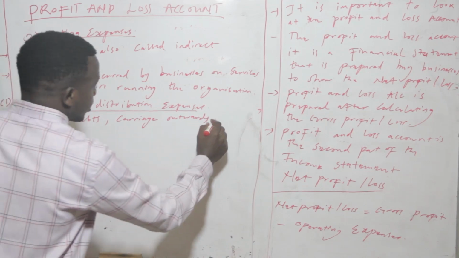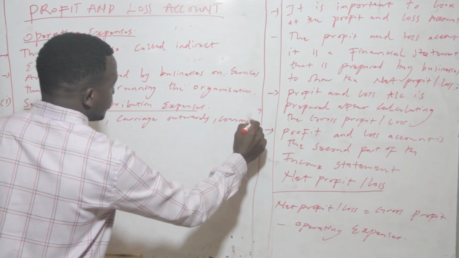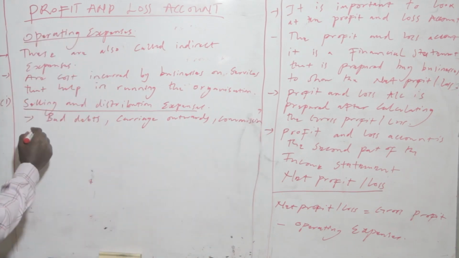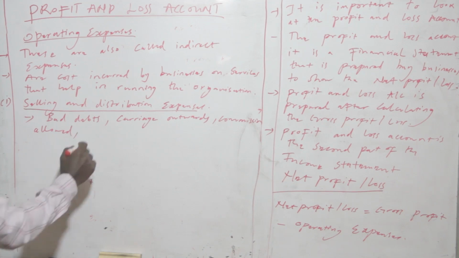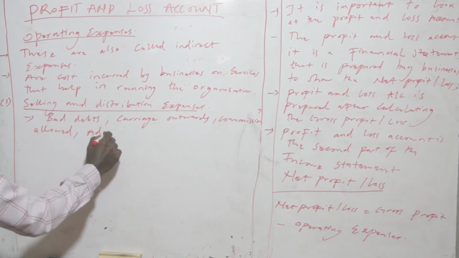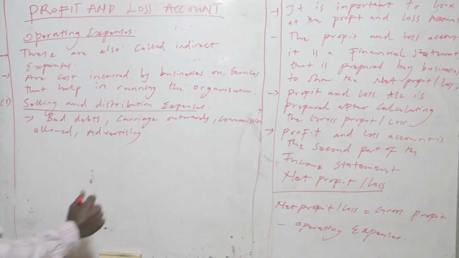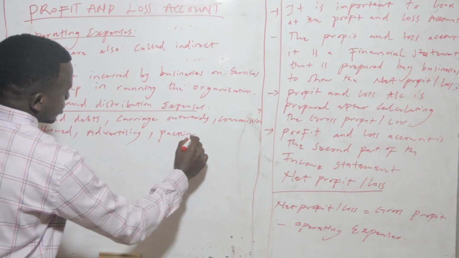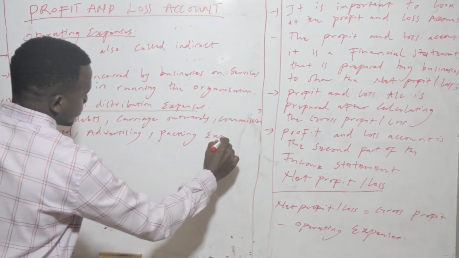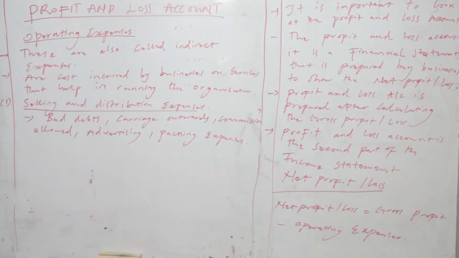Then we're also looking at commission allowed. Then the other example, we have advertising. Then we also have packaging expenses. So these are the examples of selling and distribution expenses.